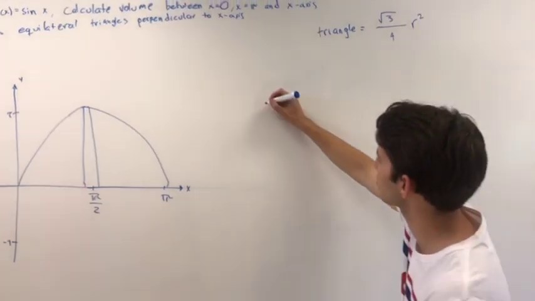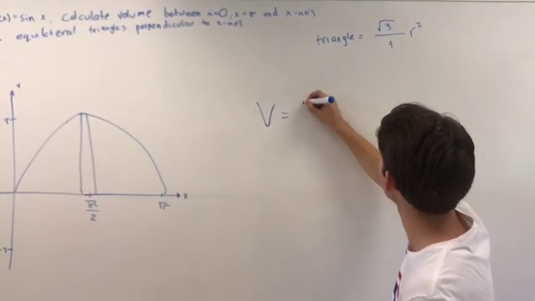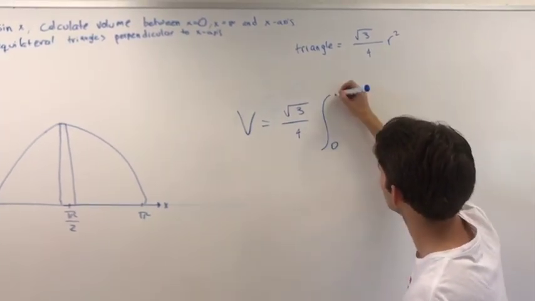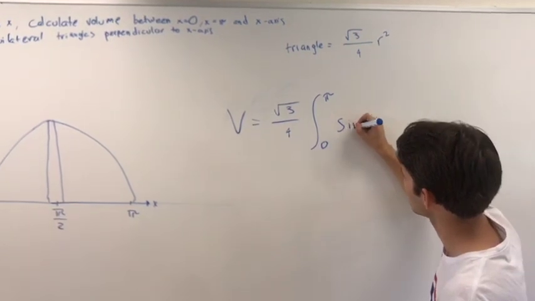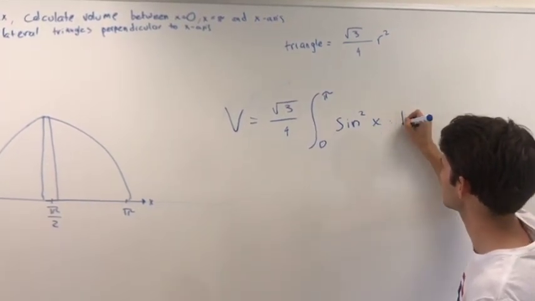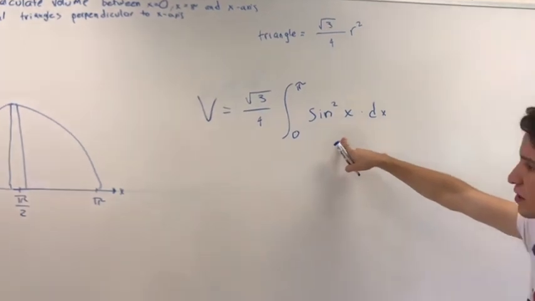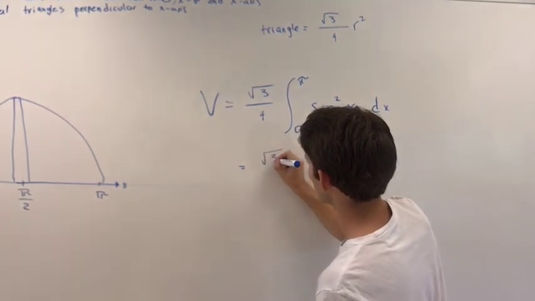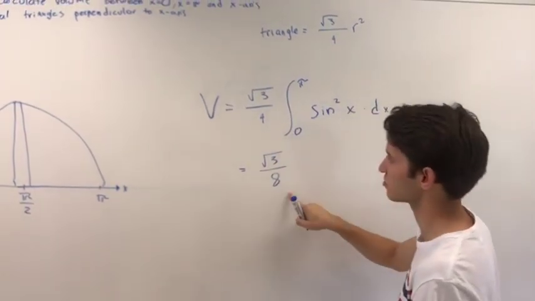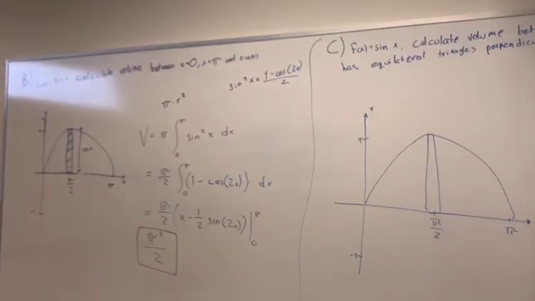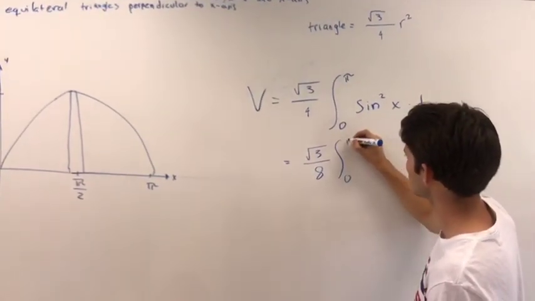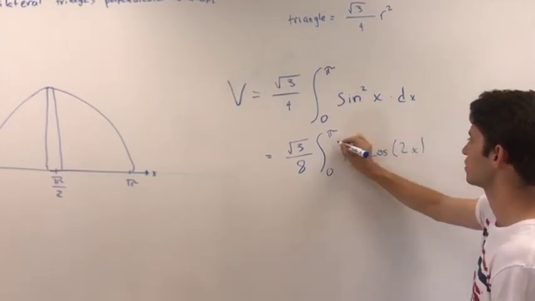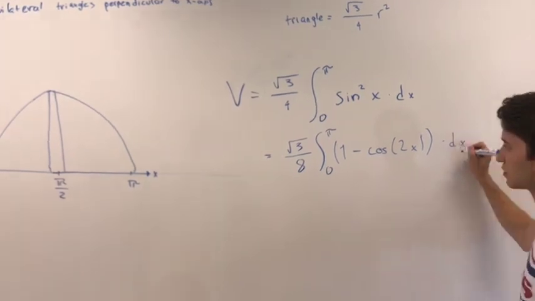So our new formula will be, the volume will be square root of 3 over 4 integral from 0 to pi of sine squared of x times dx. And we have this formula in the other exercise, so it would be square root of 3 over 8, because we'll multiply the over 2, so 0 to pi 1 minus cosine of 2x, and all of this times dx.